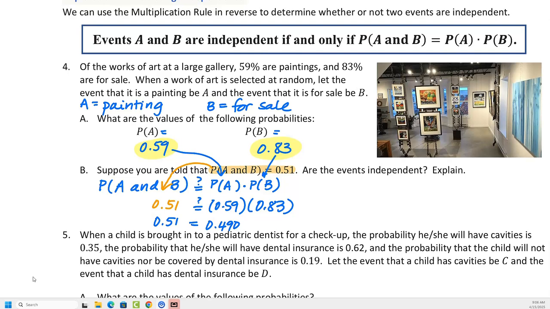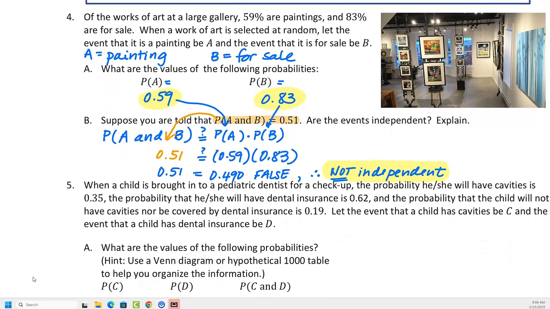Is that a true statement? No, it's a false statement. Those aren't equal values. So therefore, is it independent? No, it's not independent. Get the idea?